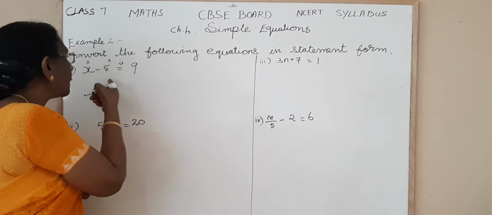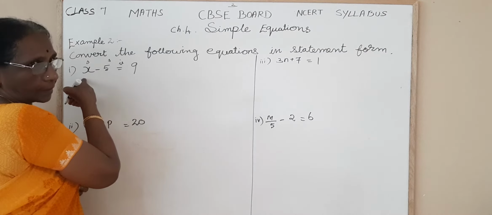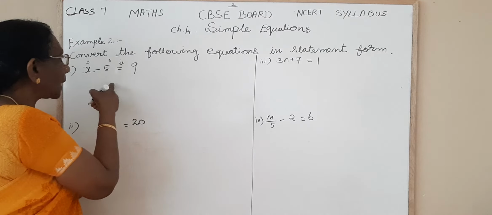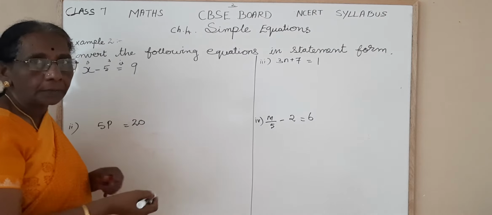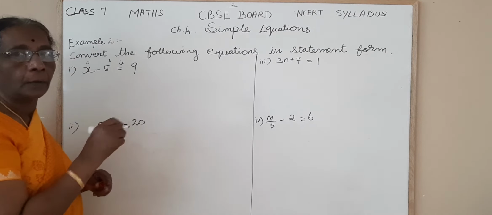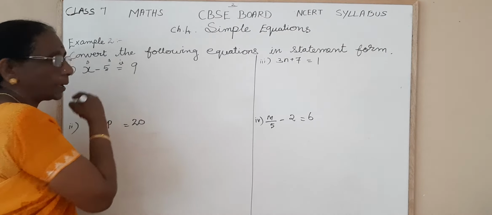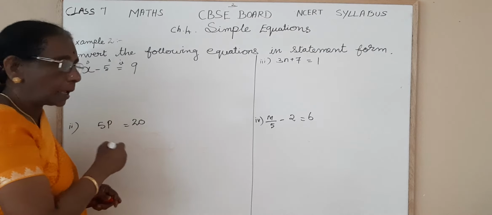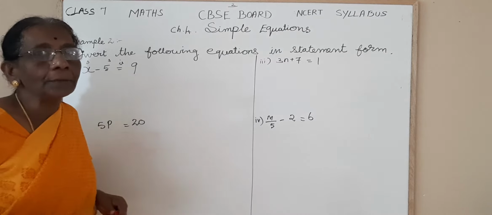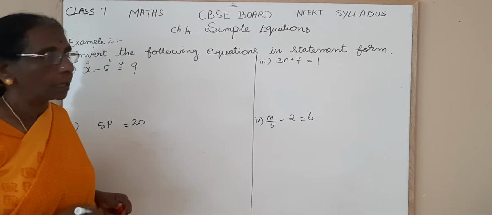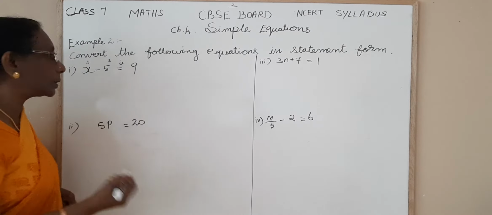Subtract 5 from the big number x to get 9. In other words, take away. What are you going to take? 5. From what? From x to get 9. So in these three ways you can write. Whichever is easy for you, you can write.